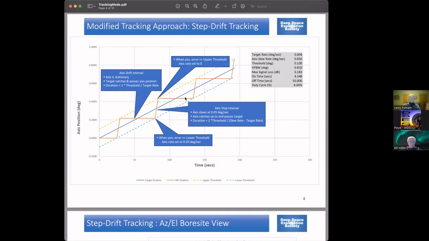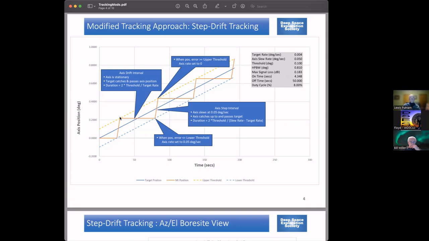The current algorithm does this, but the difference is the algorithm is modified so that when it steps, it goes all the way over to the opposite boundary, the opposite threshold. And that maximizes the amount of time that you can get drifting.